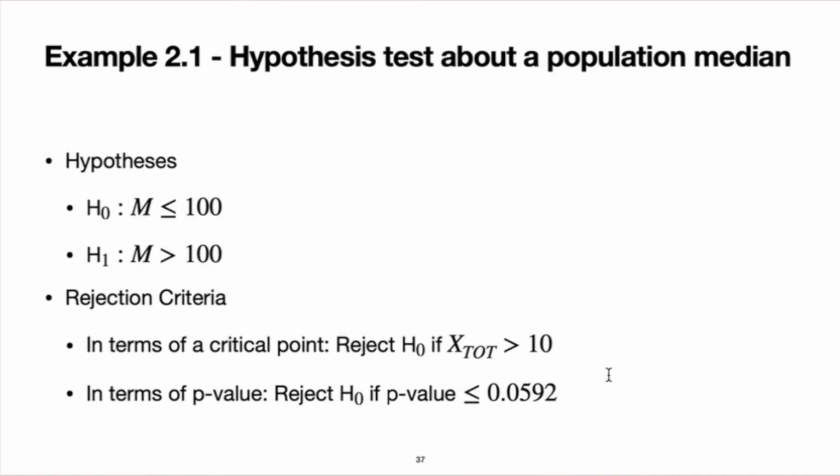And the way that we always use the p-value is that we reject the null hypothesis if the p-value is less than or equal to 0.0592, or less than or equal to alpha. And if we're using a significance level of 0.0592, then this is the rejection criterion for this test stated in terms of the p-value.